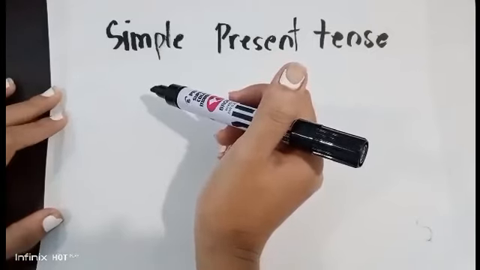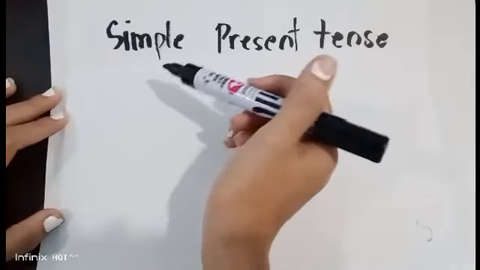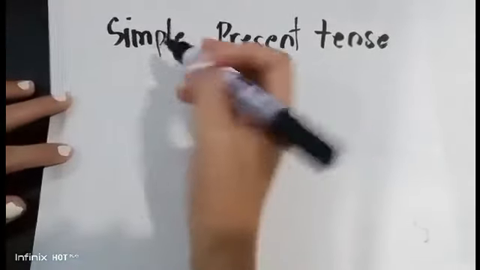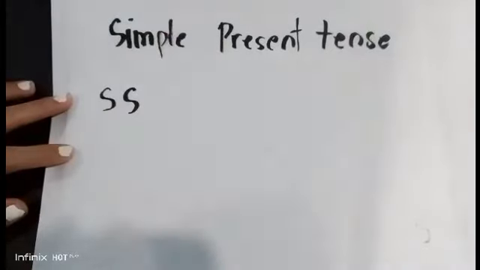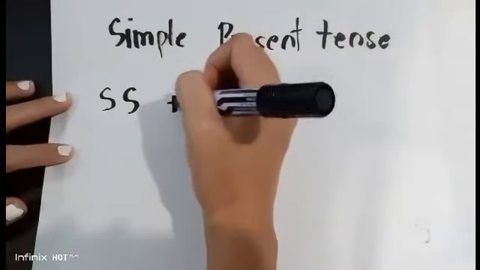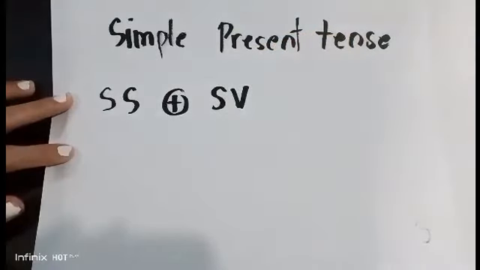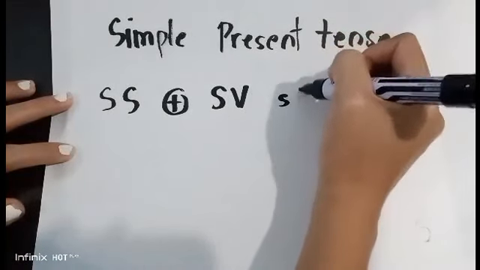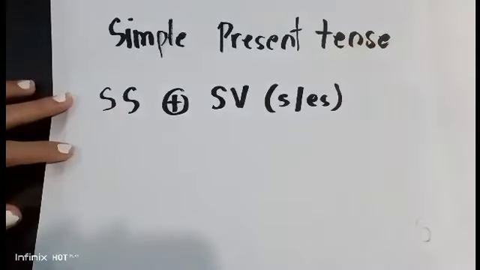In grammar rule, it is very important to follow the sentence structure. Okay, so the first rule, if you have a singular subject, then it must be followed with a singular verb. So what happens to your singular verb? You add S or ES, right?